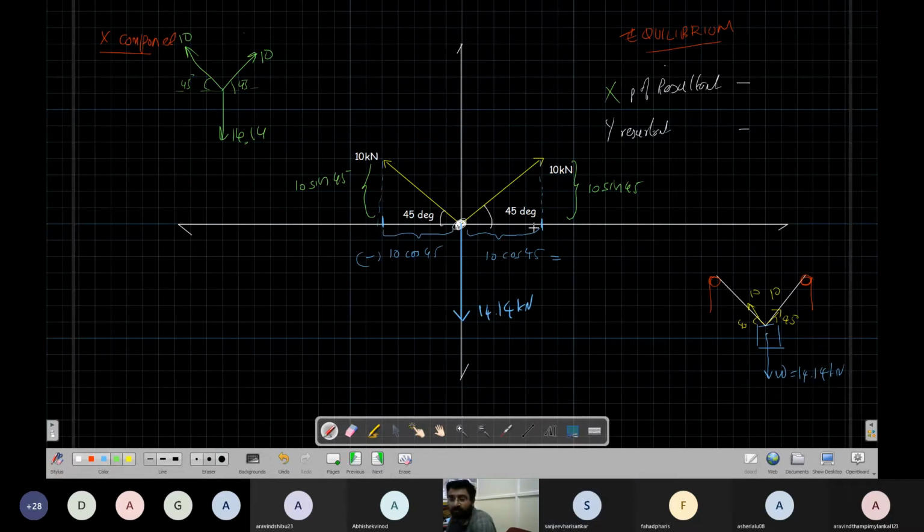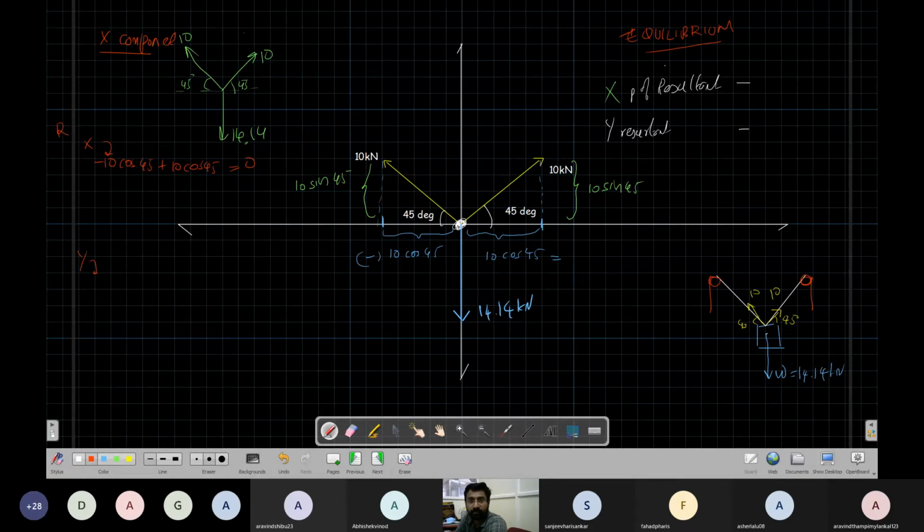Okay, fine. Right. So you can do that, or you can find the x component. Okay, you can calculate here. The x components I have written. So my resultant x component is basically minus 10 cos 45 plus 10 cos 45 equal to 0. Now the y component is not.